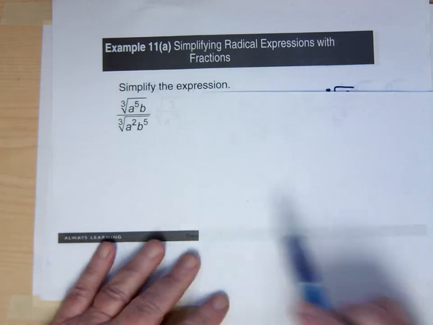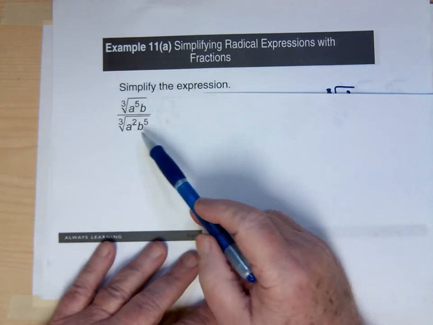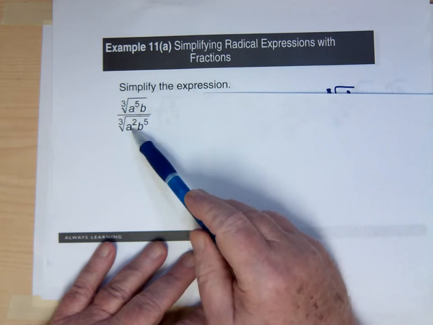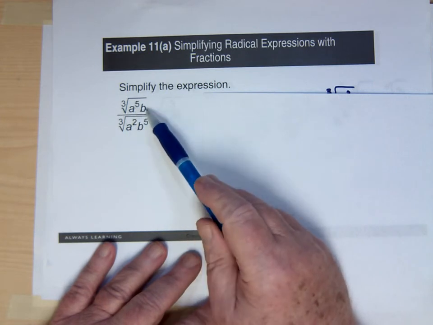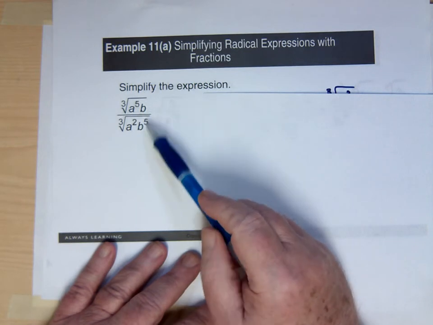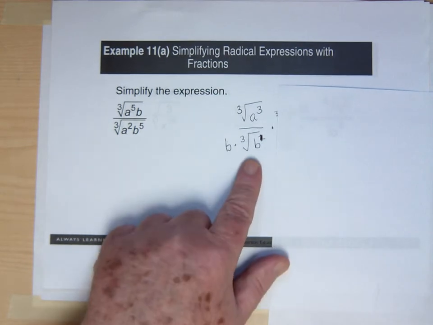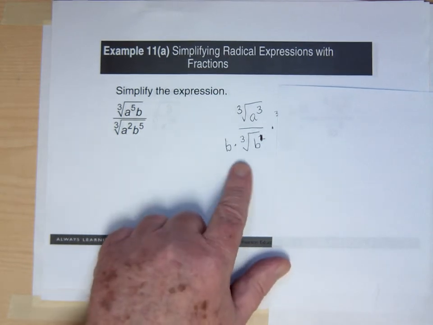Here I'm taking the cube root of the numerator and the cube root of the denominator, but I observed that a to the 5th over a squared is just a cubed, and here I'm going to have b over b to the 5th is going to be b to the 4th in the denominator. Now that gives me b to the 4th in the denominator gives me b times the cube root of b to the 1.